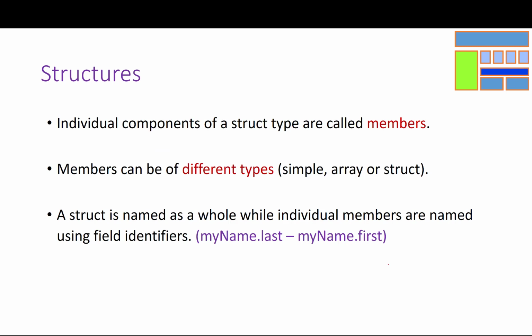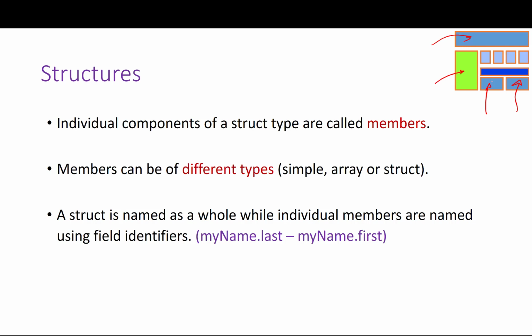Each member or each element inside the struct, for example this one, I will name it as member, this member, this member. So each one there, I will just name as member, okay? And the members, as we said before, can be of different types.